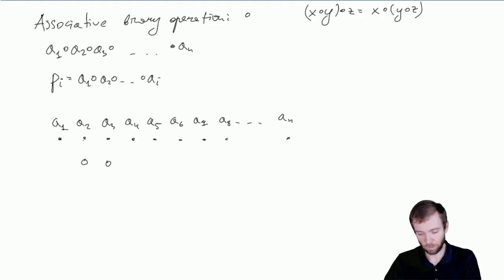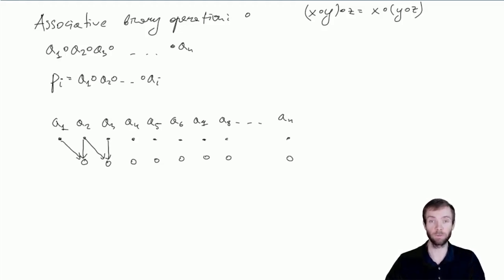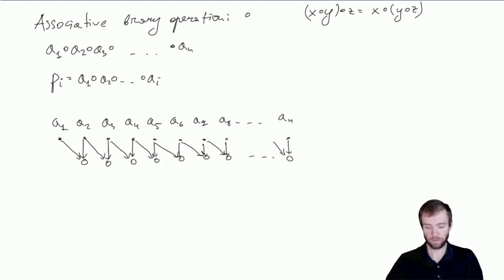So under A2 we'll place an element or a sub-circuit which computes A1 times A2. For A3 we'll place this element which will compute the product of A3 and A2. And we'll do so for all these columns of our scheme.